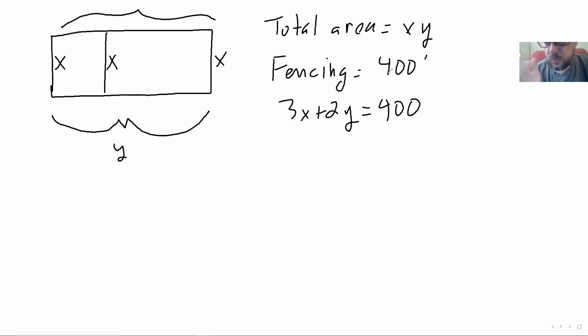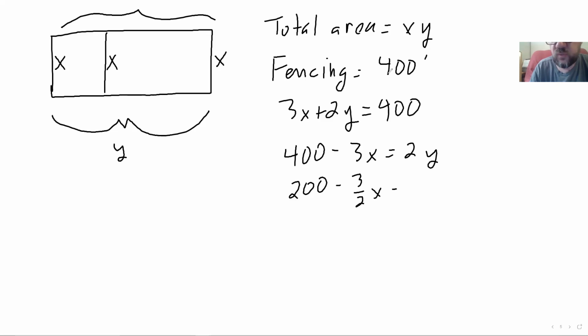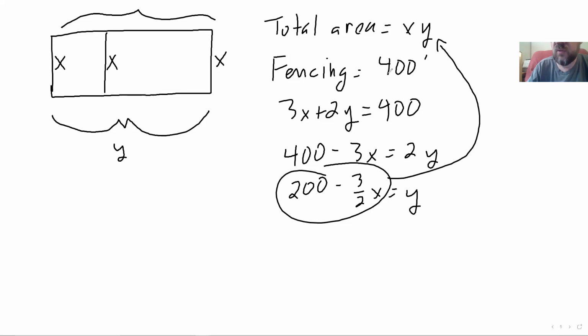Well, I can do a clever thing here and solve that equation for y and say that 400 minus 3x equals 2y, or divide by 2, we get 200 minus 3/2 x equals y. And then I can take this and substitute it in here.